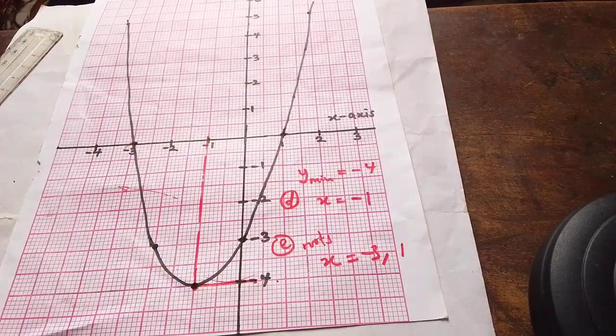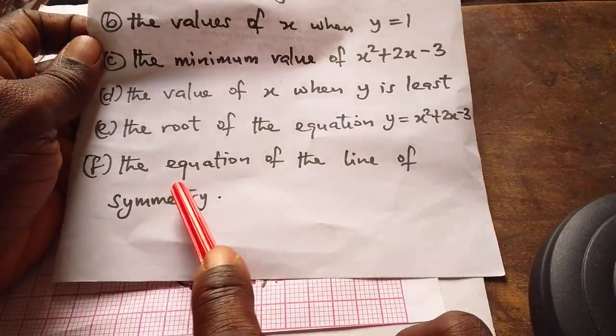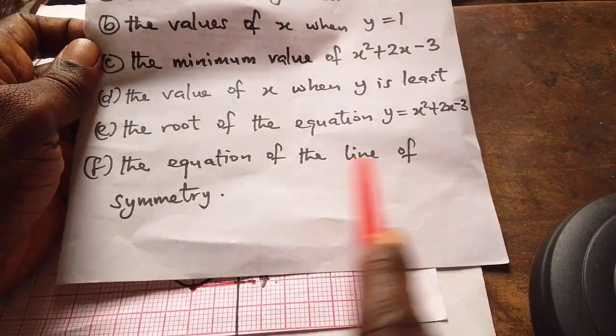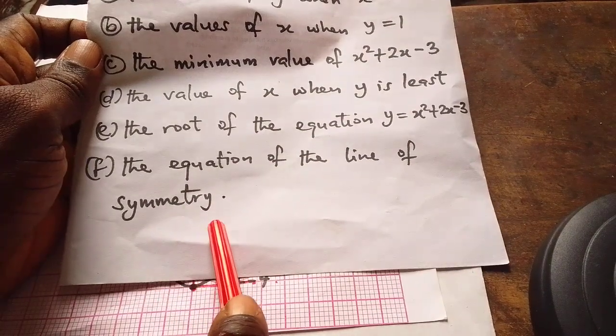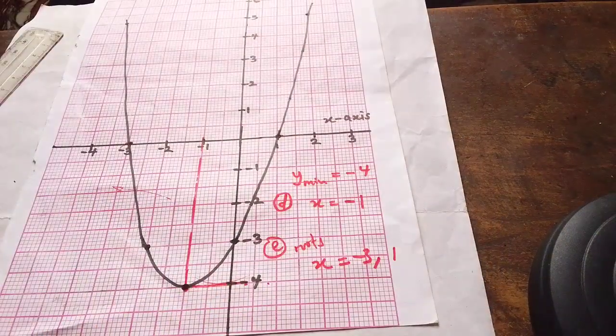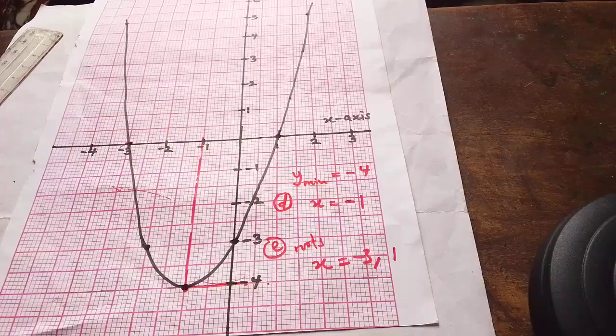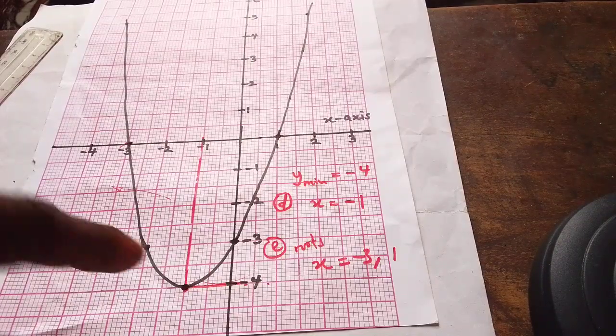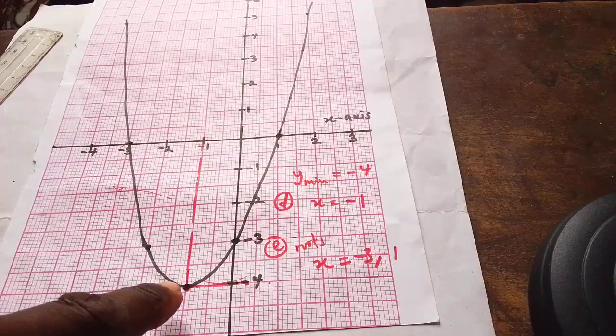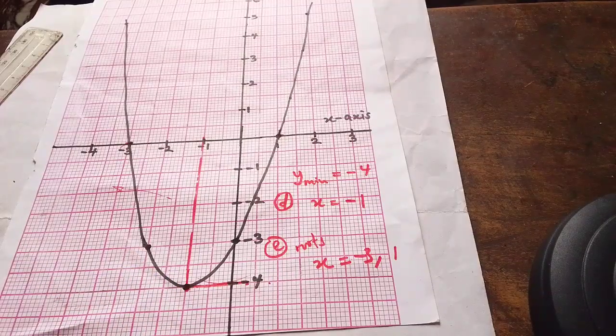Then the last part of this question asks for f, the equation of the line of symmetry. The line of symmetry is a line that will divide the graph into two equal halves. Usually this is done where you have the peak, the minimum or maximum point.